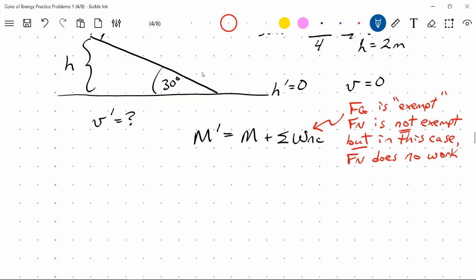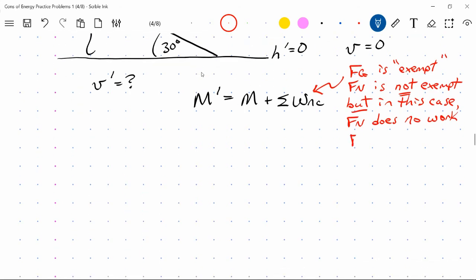The reason for that is that the normal force is a force that is perpendicular to the motion. If you recall the work equation, it is the force times the distance times the cosine of the angle. I use the Greek letter beta to represent the angle between the force and the motion.